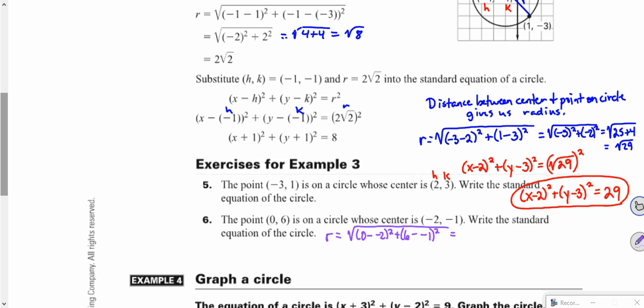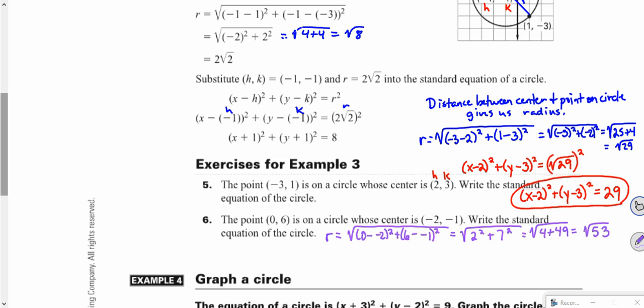Well, this is the square root of 2 squared plus 7 squared, which is 4 plus 49, or the square root of 53. I hope you guys can see that. Okay, so that's my r.